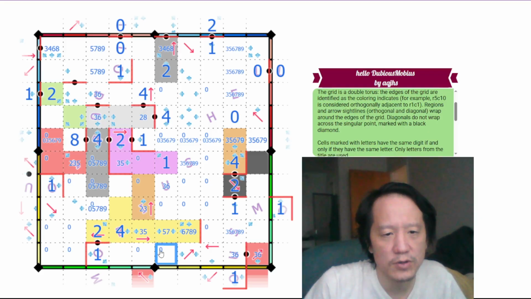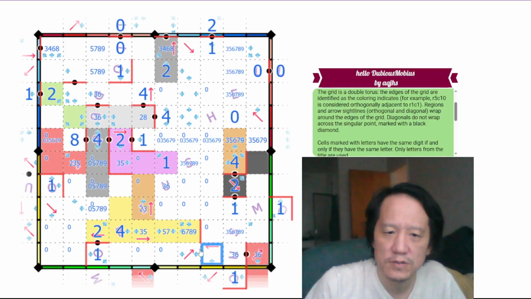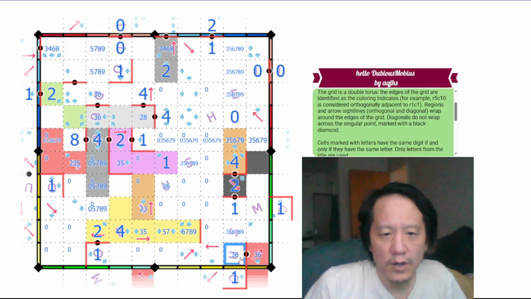Oh, wait, it could be. Never mind, it could be 6. Arrows can never be 0. So this is at least 2. So these are the same region. Okay, that doesn't help too much. Hmm.